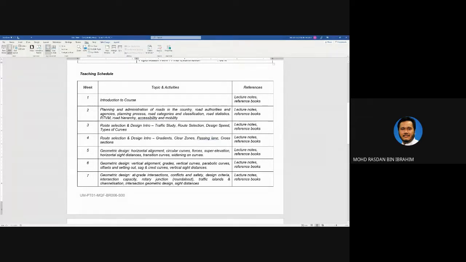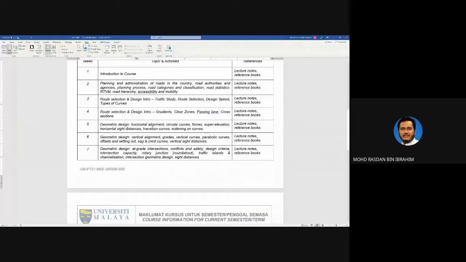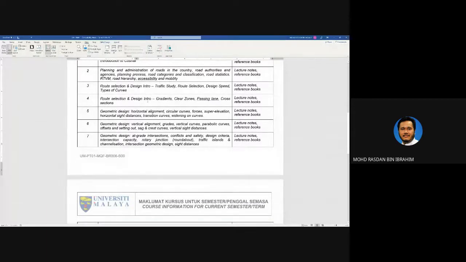On week 3, it's going to be road selection. This is on how we conduct traffic study and how we choose the routes that we're going to use for our design. Week number 4 is road selection again, but it is more regarding gradients, clear zones, and cross sections.